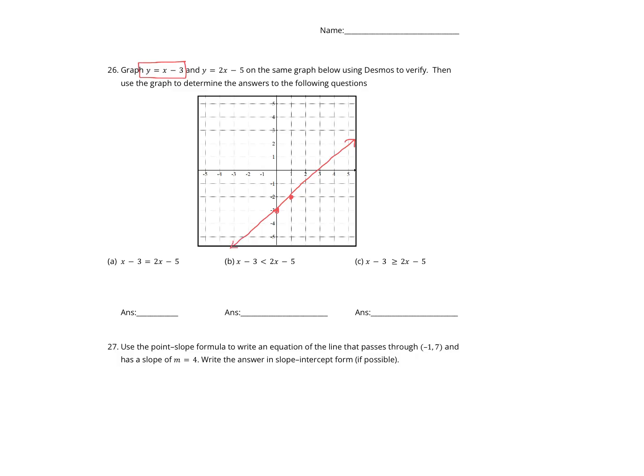The next one, I'm going to do it in blue. So that's y equals 2x minus 5. That y-intercept is -5, and the slope is 2, which means I'm going to rise up 2 and go over 1 to the right. And I'm going to put that on here a few times, up 2, right 1.